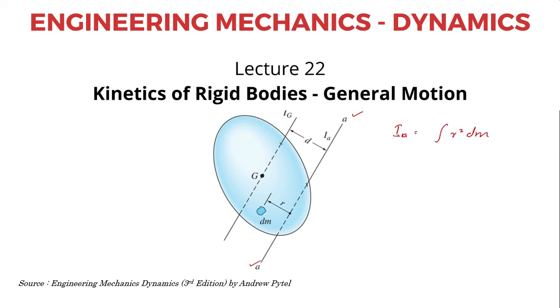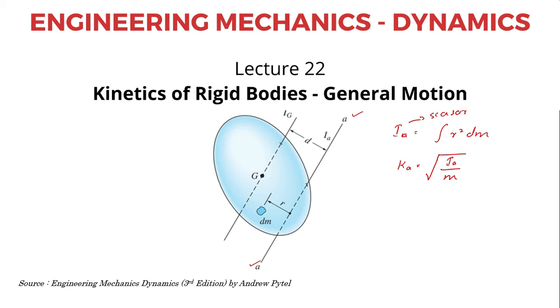Mass moment of inertia is a scalar quantity. Now you must have also discussed the radius of gyration of the rigid body with respect to an axis. So the radius of gyration K_A is given as root of I_A by m.